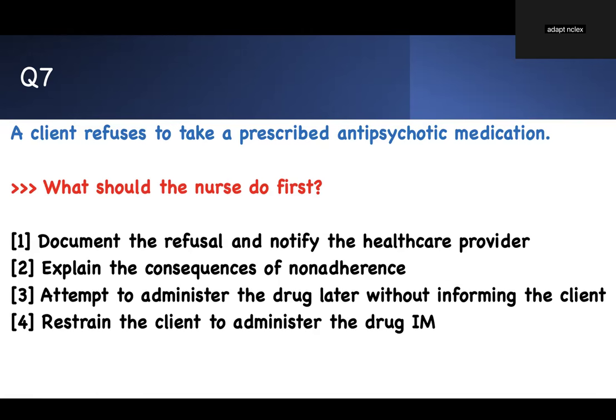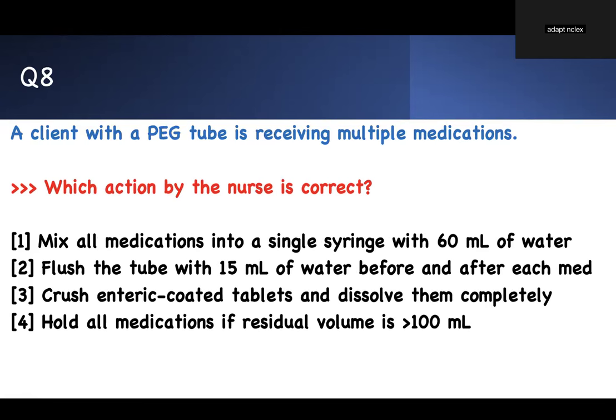You should educate them, but consequences means you worry about bad things going to happen. You have to explain to them why they need the medication. But number 1, the refusal: document it, then you let the doctor know. You should not give the medication when they are not aware. They have to consent for that.